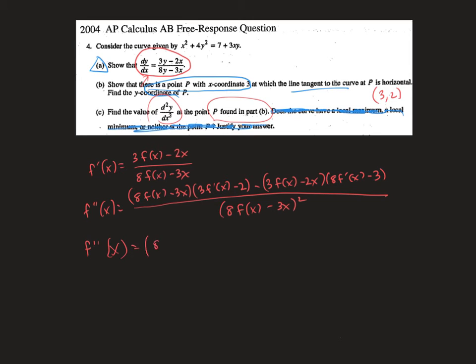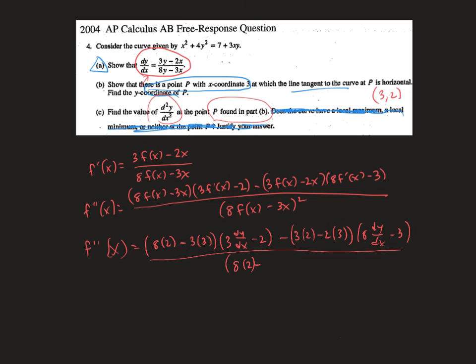So I'm going to have (8 times 2 minus 3 times 3, because that's the x value) times 3 dy/dx, I'm going to have to come back to that in a second, minus 2, minus (3 times the y value, minus 2 times the x value) times (8 dy/dx, and again we'll come back to that in a minute, minus 3), all over (8 times 2 minus 3 times 2) squared.